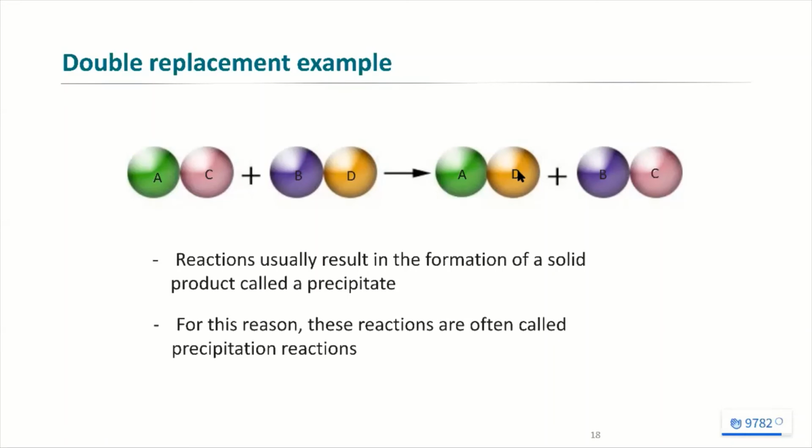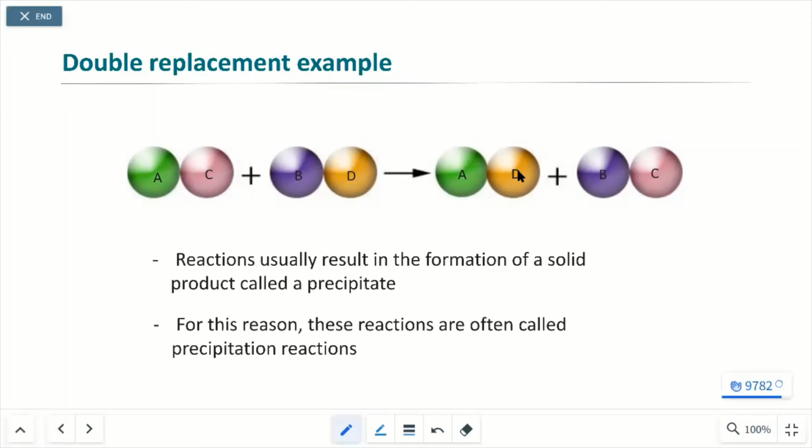When they do form a solid, the solid that is formed in those kinds of reactions is known as a precipitate. Precipitation reactions are given to those compounds that follow that kind of reaction.